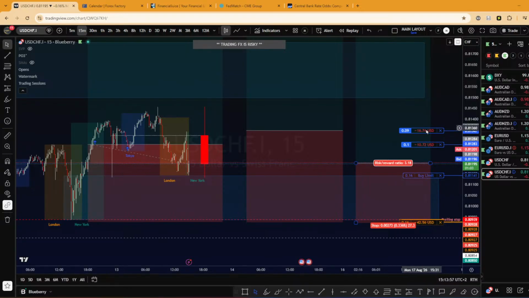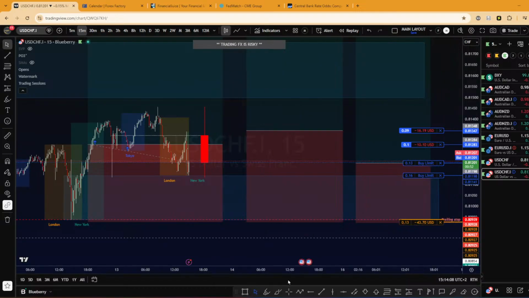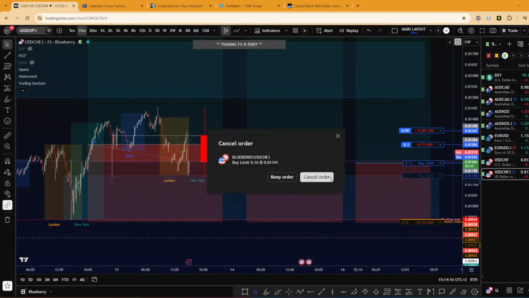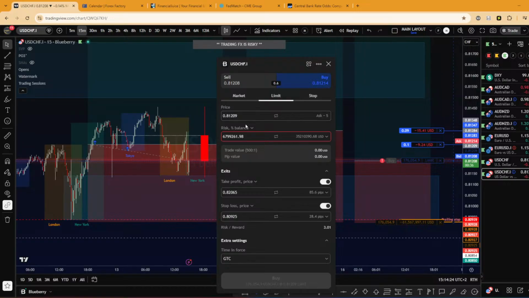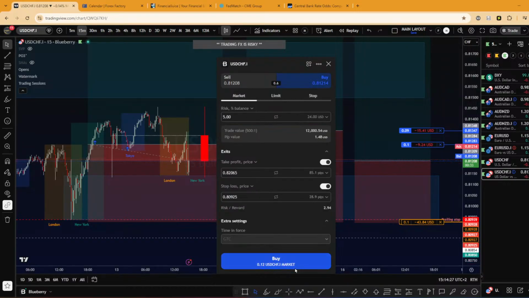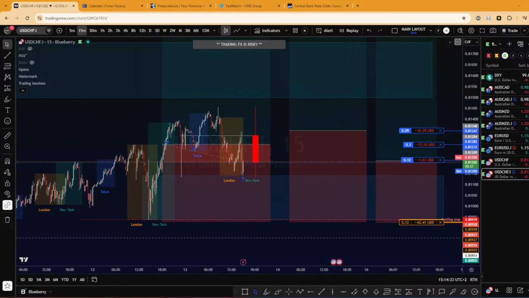But because this one is not at a better price, I need to buy at market, not the buy limit. Oh my god. Yeah, at market. Yeah, buy here.